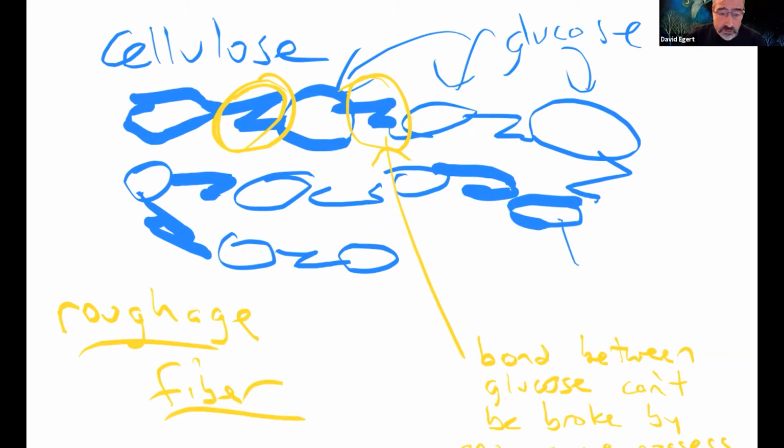But because we do not have enzymes to break apart these individual glucoses, it just goes through our digestive tract, ends up in our intestines as kind of that roughage. When we get to the digestive system, we'll talk more about why that's a good thing.